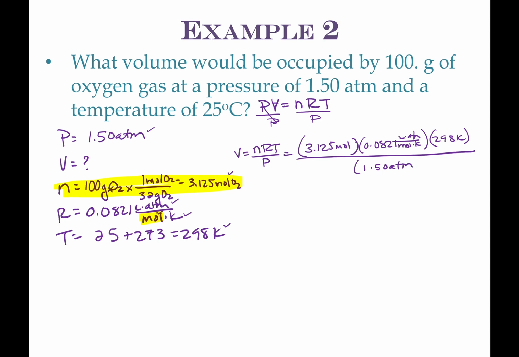Let's do a unit check. Moles cancel with moles, Kelvin with Kelvin, atmospheres with atmospheres. We're going to be left in liters, which is a volume unit, so that's a good sign. 3.125 times 0.0821 times 298 divided by 1.5 is 50.97041667.